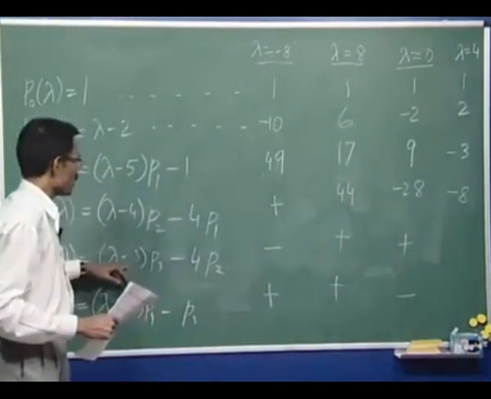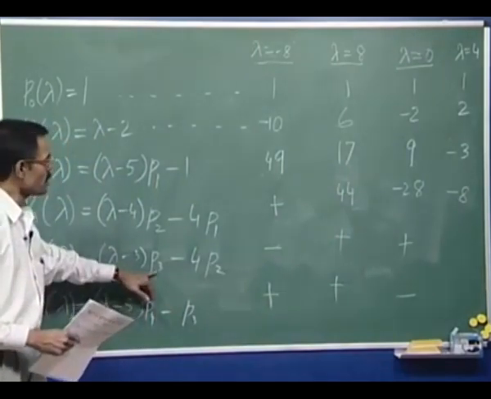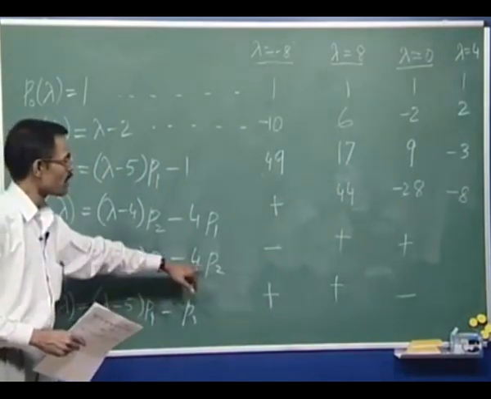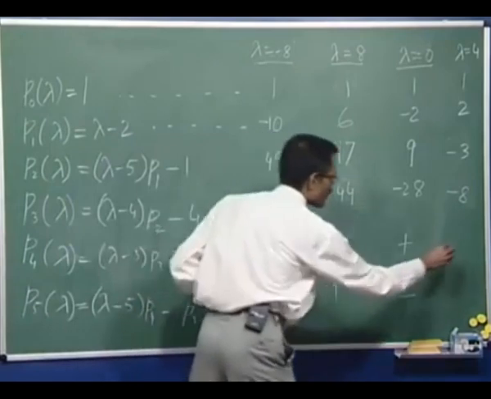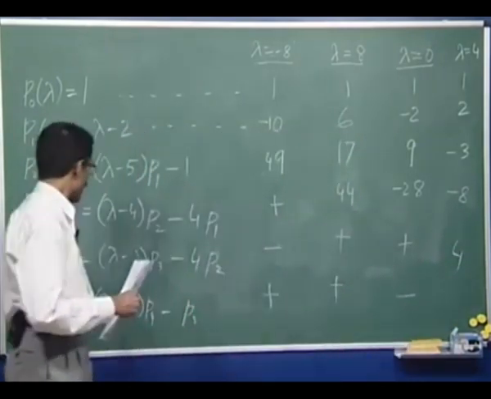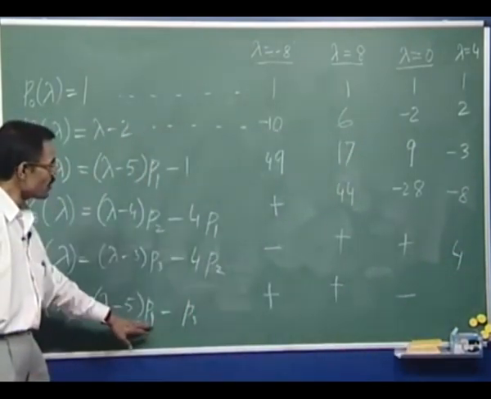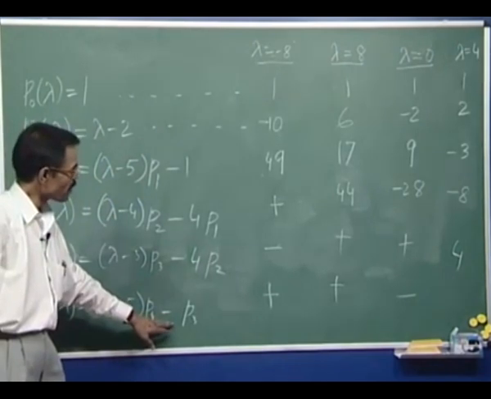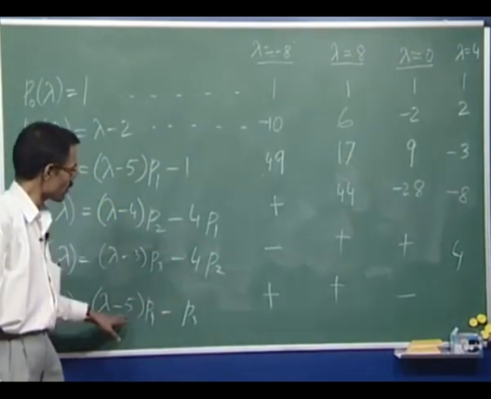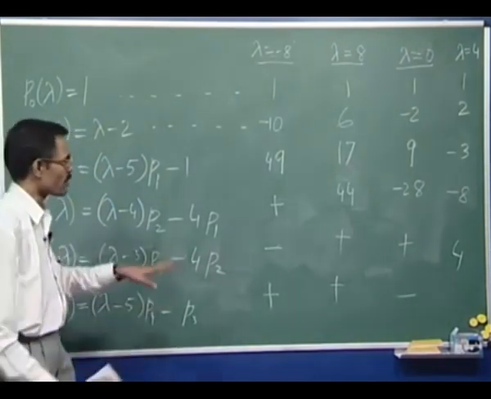Then here 1 into minus 8, that is minus 8, minus minus plus 12, that means 4. Finally, here minus 4 minus minus plus 8 is minus 4 plus 8, that is plus 4.